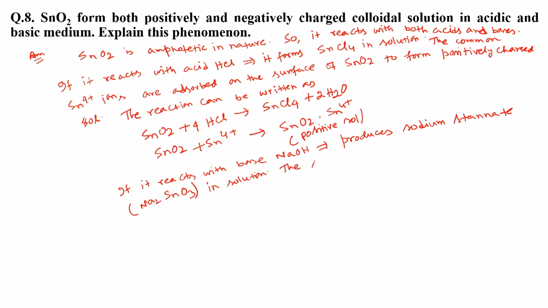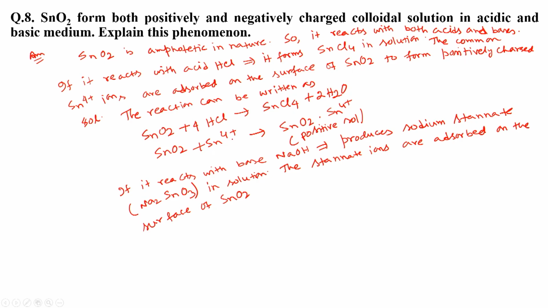The stannate ions are adsorbed on the surface of SnO2 like before. So, when it reacts with acid HCl, it forms SnCl4, which forms Sn4+ ion.